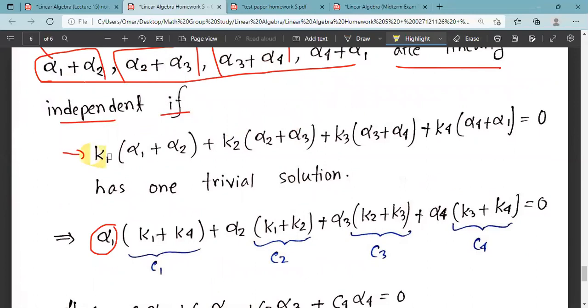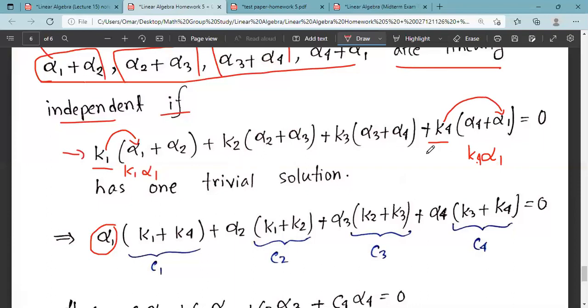So we have k1 here, we have k1 here, and we have k4 here, right? If you multiply k4 with alpha 1, you will get k4 alpha 1. And if you multiply k1 with alpha 1, you will get k1 alpha 1.